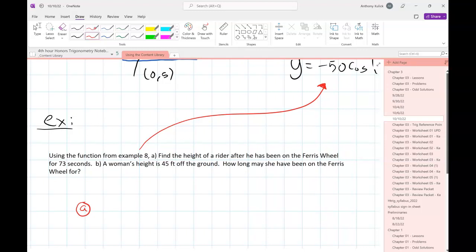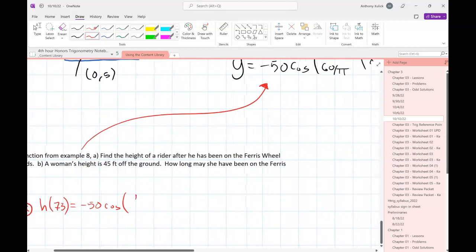How would I do that? Yeah, again, I should have been using h of t and t, but yes, you're 100% right.